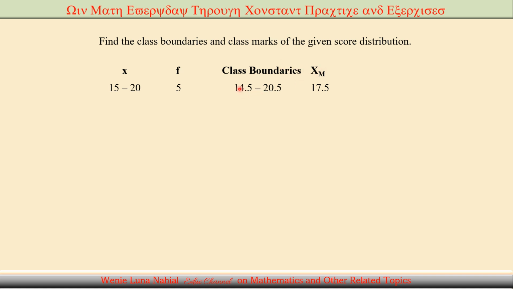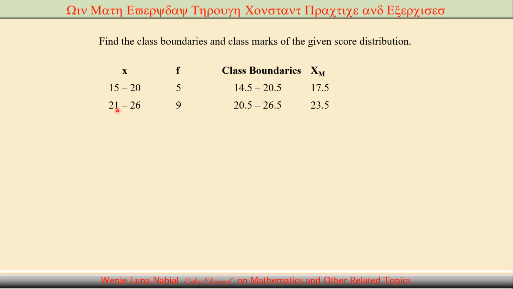For the class boundary, remember that you have to subtract 0.5 from the lower limit and add 0.5 to the upper limit. And for the class mark, you have to get the sum of the lower limit and the upper limit of a category, then divide it by 2. So for 15 to 20, that is 35 divided by 2, the class mark is 17.5.